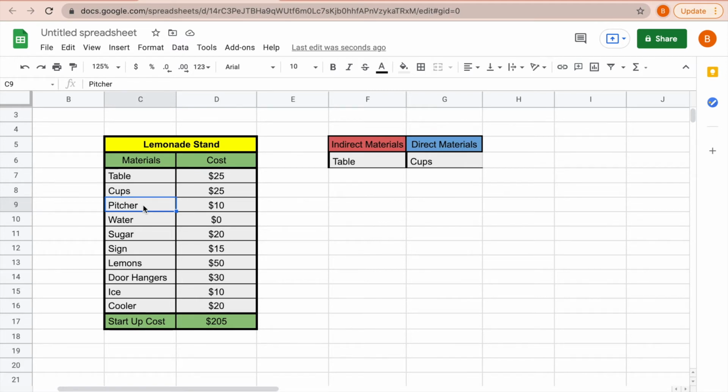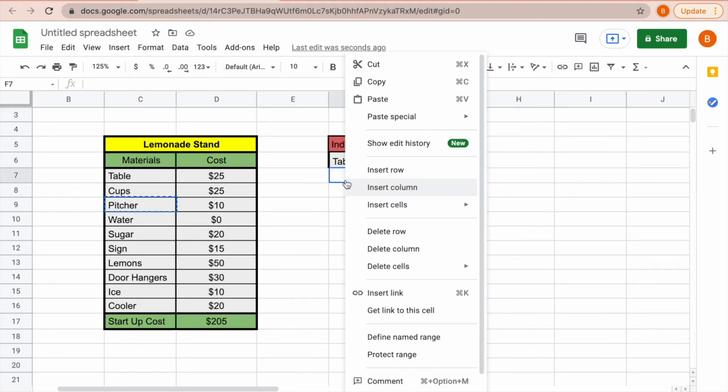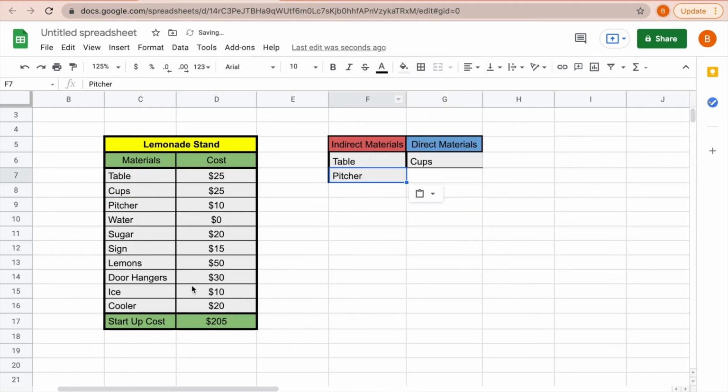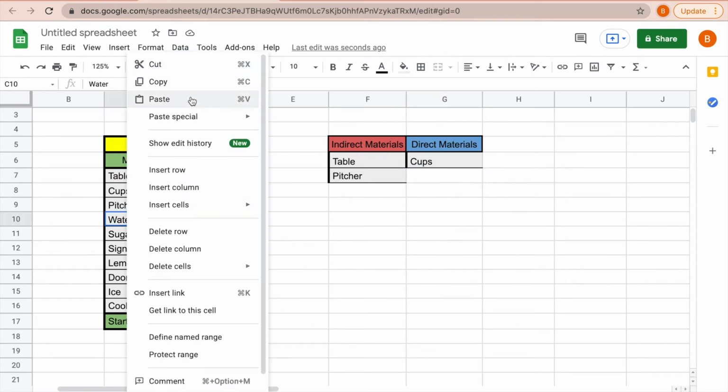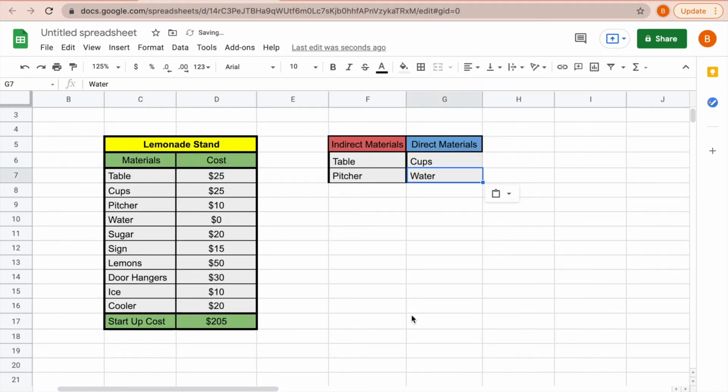So that is going to be an indirect material, okay? We go on to the water. The water is what goes into the lemonade, and the lemonade goes to the customer. So we are going to make that a direct material, okay?